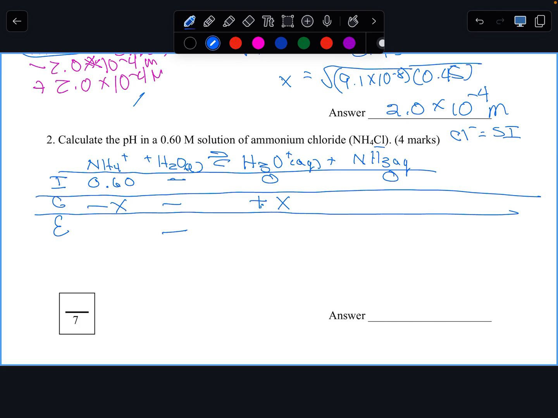Plus X and plus X. So again, I'm going to have this, and 0.60 minus X. Look at this value, and we know that this will be approximately equal to 0.60. So we're not going to use that 0.60 minus X. We won't have to do the quadratic then. Is that clear to everybody? We can ignore that step.